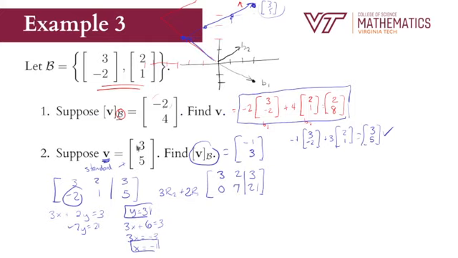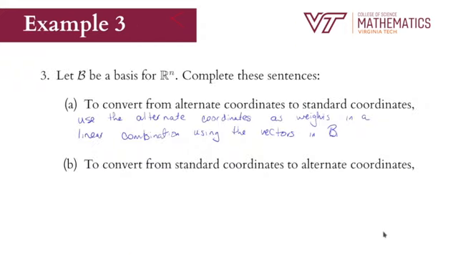To convert from the standard coordinates to the alternate coordinates, we need to take the vectors in B and augment with the standard coordinates and then row reduce to solve for the coordinates that we wanted to use in the alternate coordinate system. So it's not just working out a linear combination, it's finding the weights for a linear combination, which requires row reduction. We don't know what the weights are to begin with.